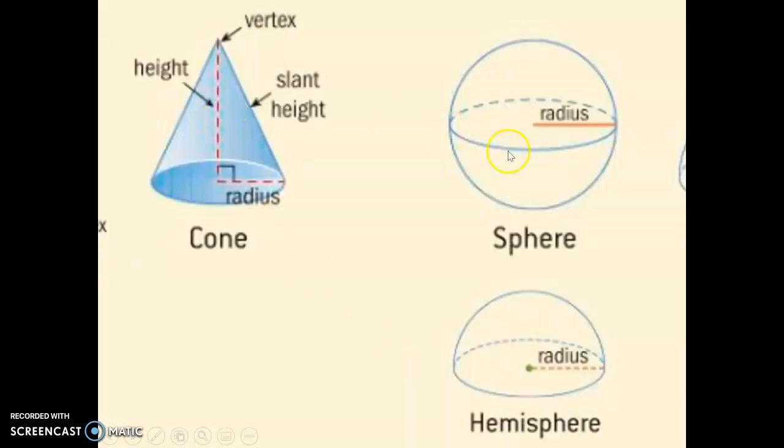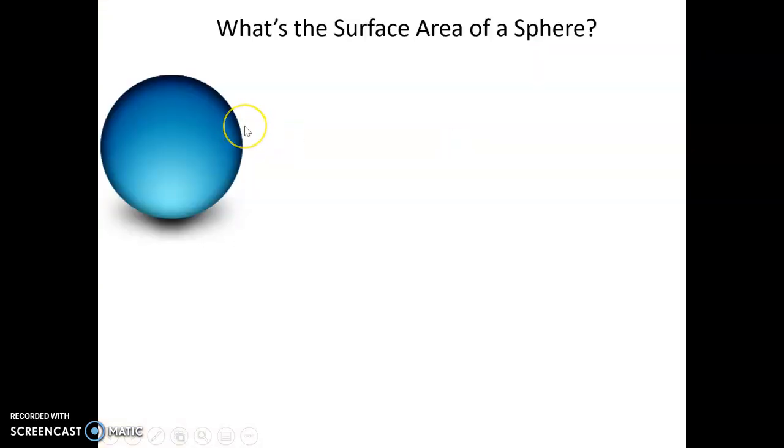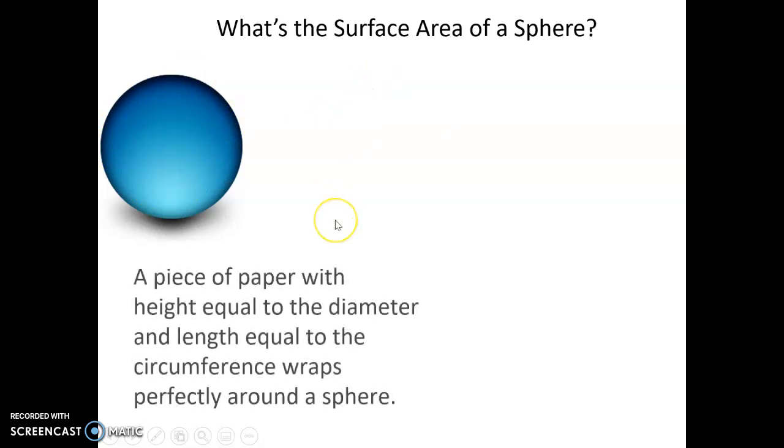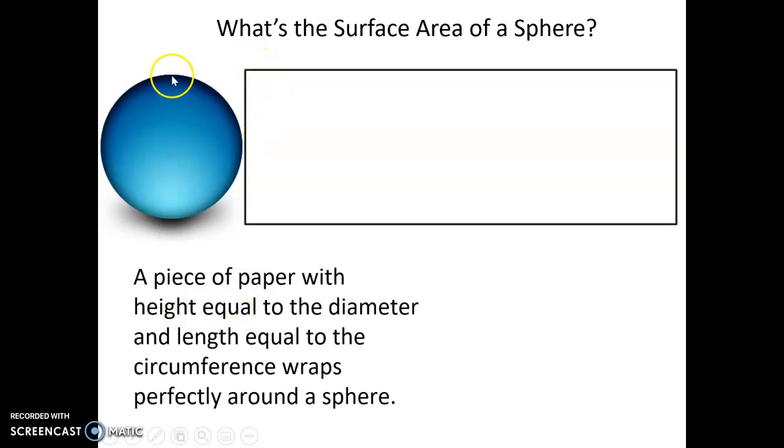So cones and spheres, we've talked about the volume, but now let's talk about the surface area. For a sphere, this is something interesting. Check it out. Here's a sphere, and how can we find the surface area? Now imagine this. If you took a piece of paper with this height equal to the diameter, so like this is your diameter, and the length of the paper was the same as the circumference of the sphere, then that piece of paper would wrap perfectly around the sphere.